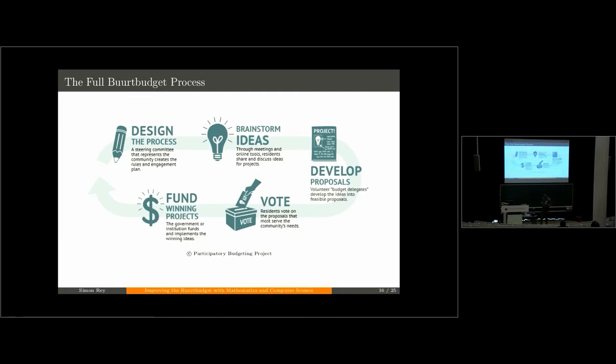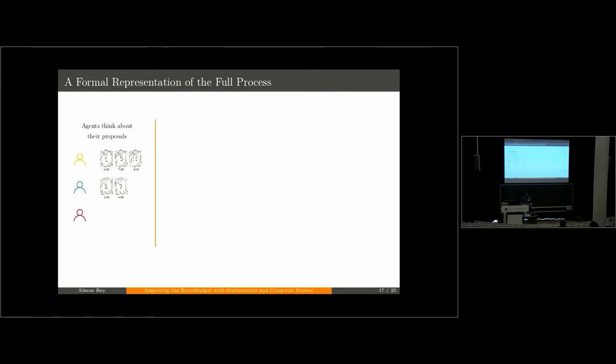For me, you can think of the process as a two-stage thing, with voting happening in both stages.